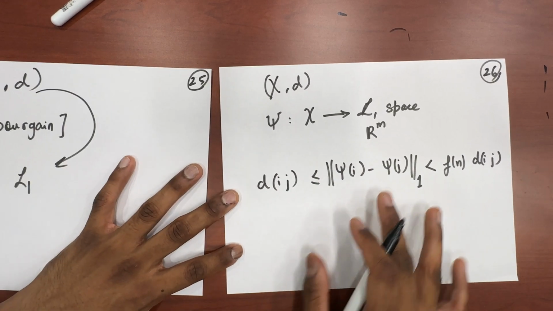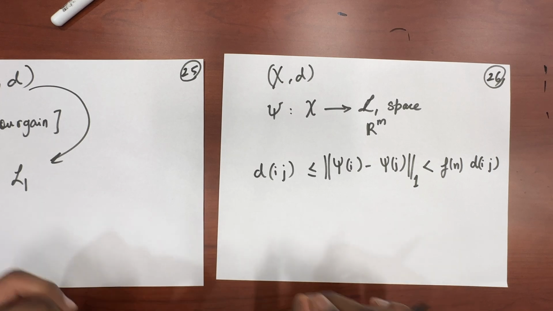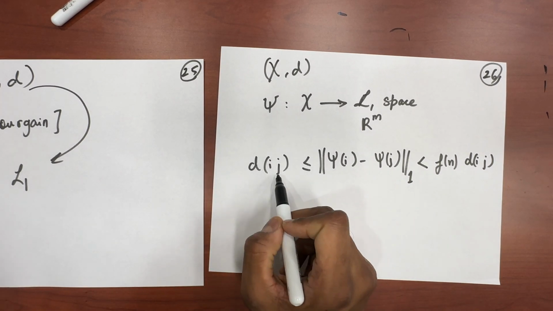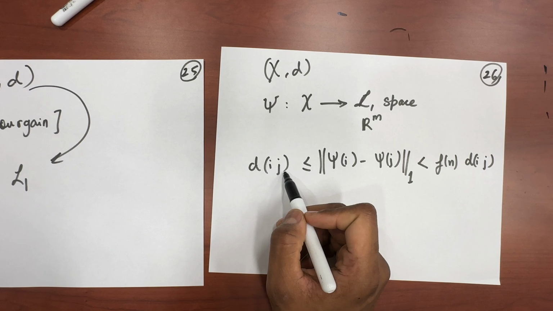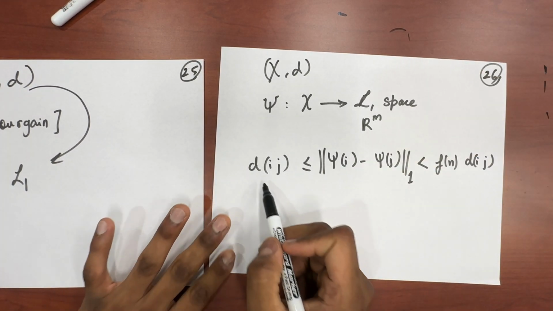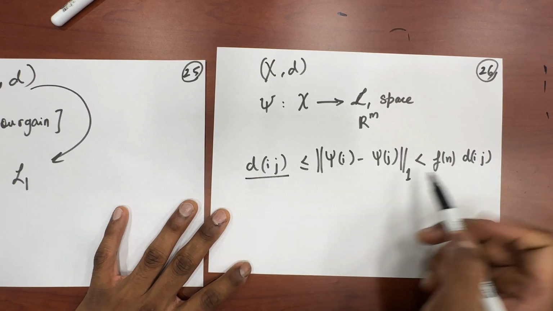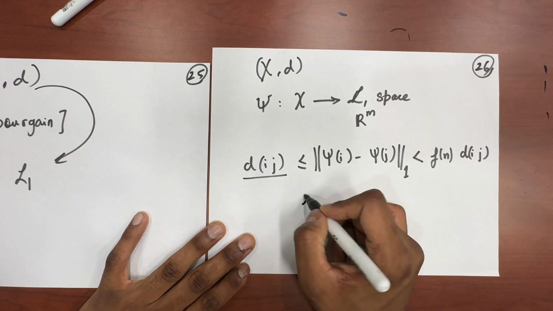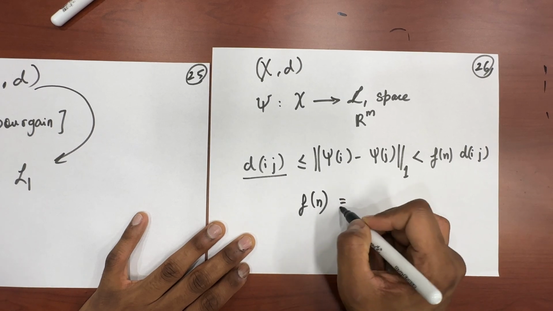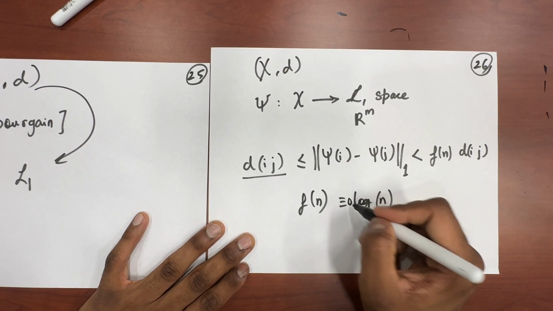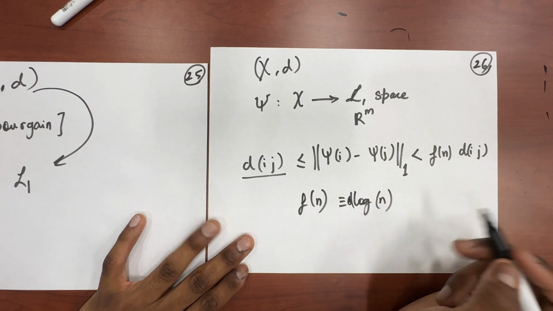So basically what they're saying is that I said it opposite, but this also is the same thing. You will always stretch every particular distance, but you will not stretch it too much. So f of n is log n, up to some constants theta, let's say.